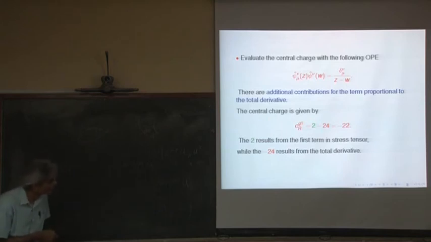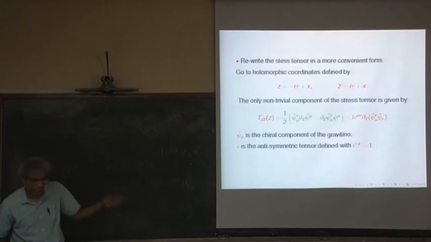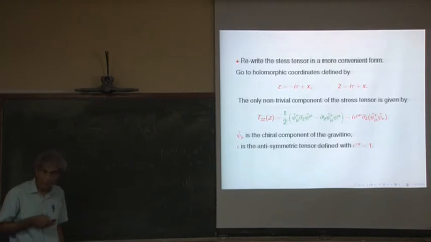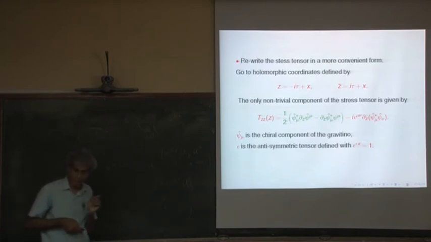So this 2 is coming from the usual part of the stress tensor, and this minus 24 is what comes from the improvement term. Why is the usual thing 2? Well, this is actually a complex fermion, and mu has 2 values, so it's 4.